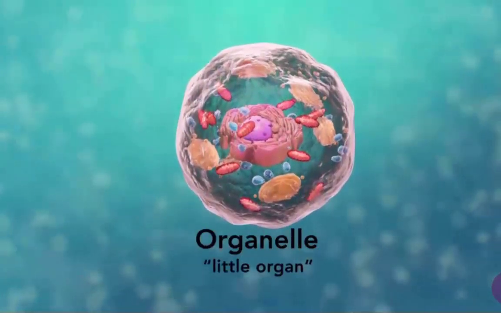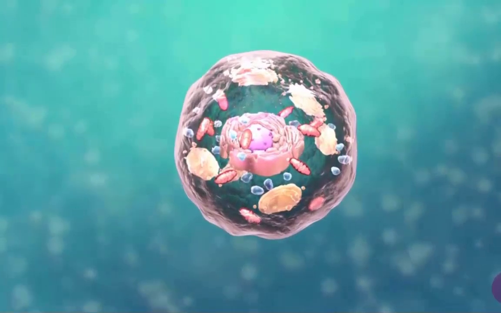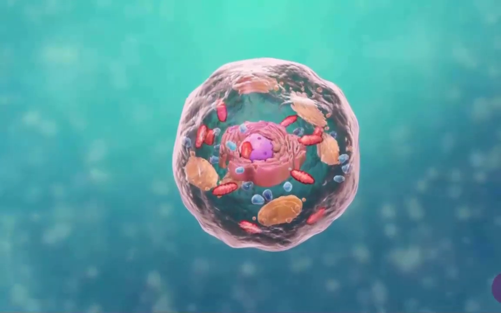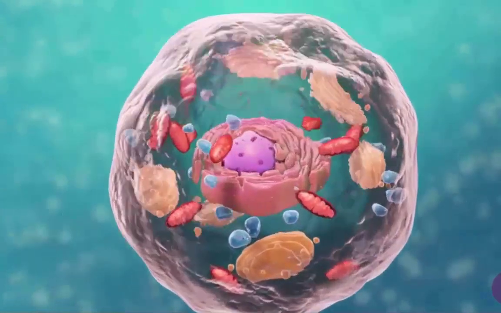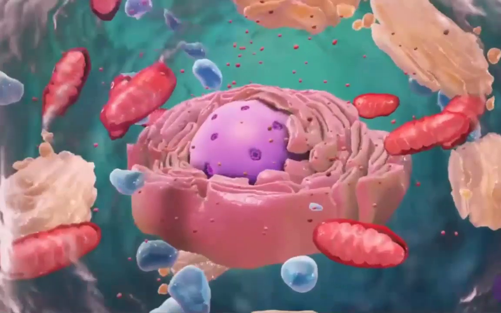Organelle means little organs, and inside the cell there are many different types of organelles, especially in eukaryotic cells. They are complicated and there are many different types of small organelles. First of all, in the center, there's a nucleus, which contains the genetic information of DNA. And outside of this nucleus, there is an intracellular membrane structure, the so-called endoplasmic reticulum.